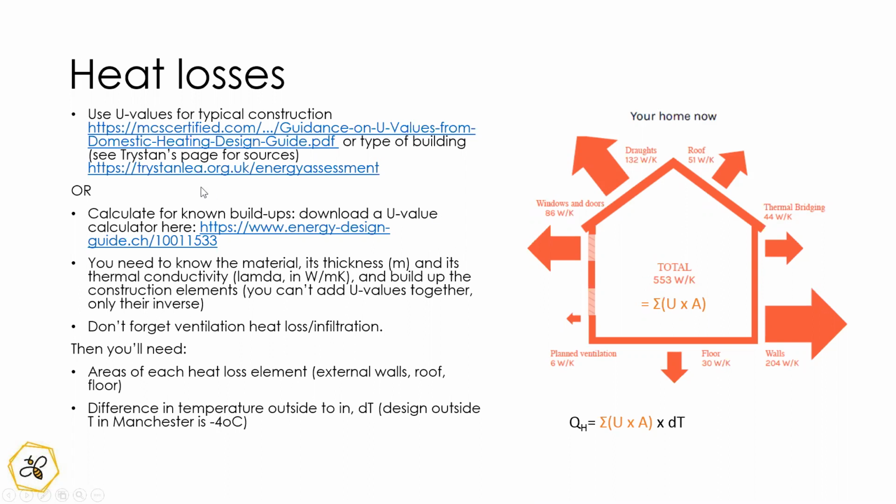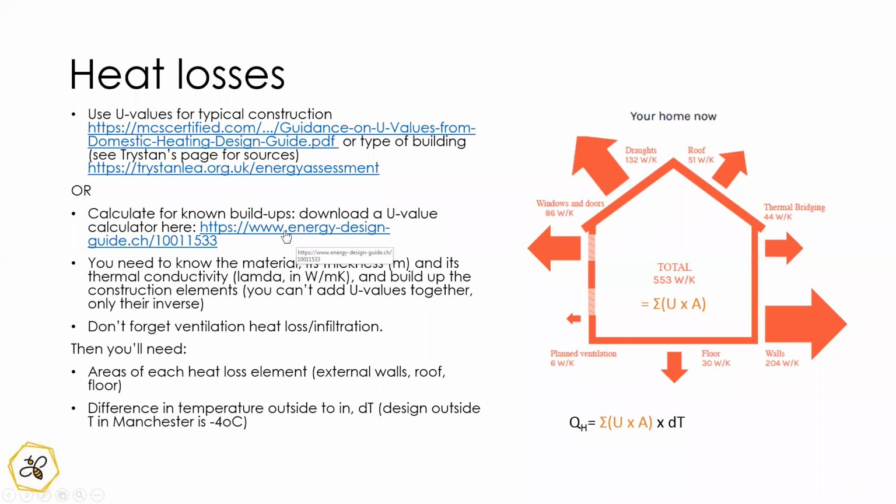What they will have done is taken the U values for your constructions, and you can do this for yourself perhaps. There's guidance on the MCS website, there's a design guide there, but Tristan also has some pointers and sources on his website if you wanted to go down that route.